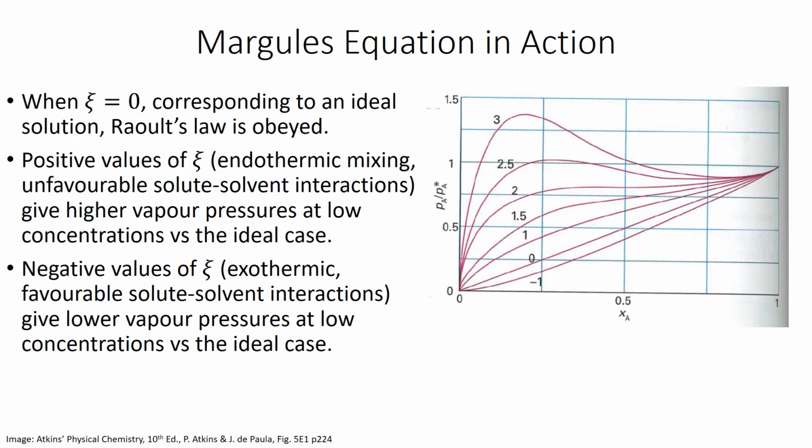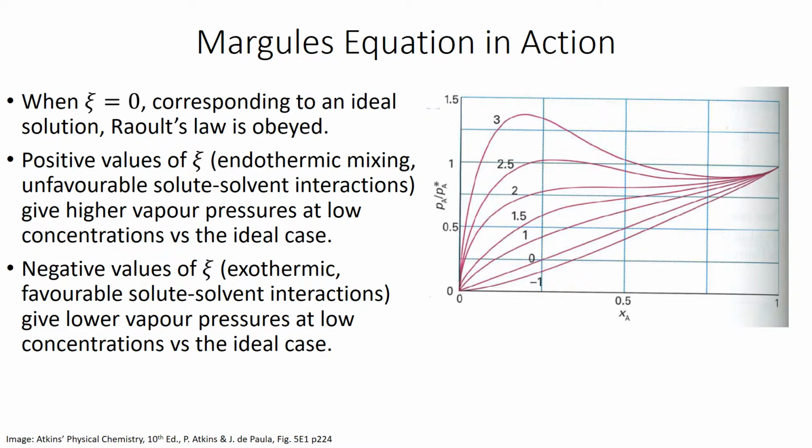And these give higher vapor pressures at low concentrations versus your ideal case. You can see the values on the graph, in the middle of the graph next to the lines: 0, 1, 1.52, 2.53. Those are the positive values for eta.